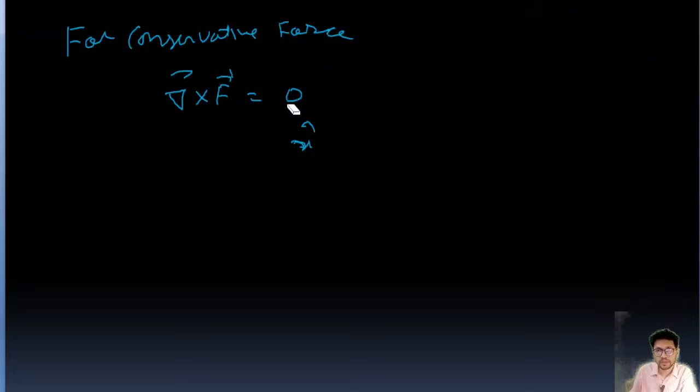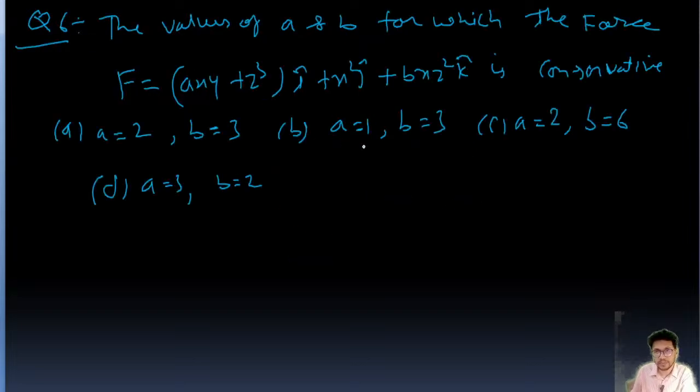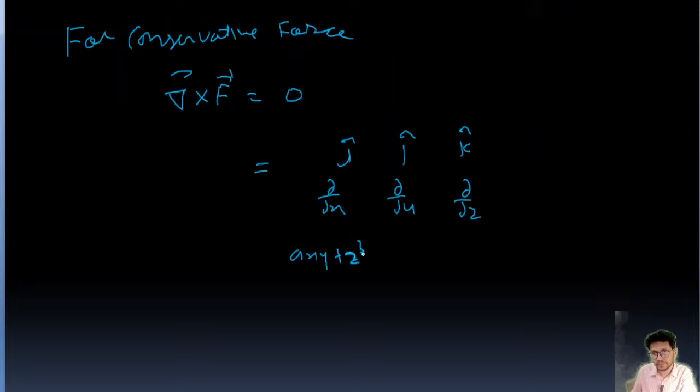So that is going to be equal to the determinant with I cap, j cap, k cap, and the values are del upon del x, del upon del y, del upon del z, and the values are axy plus z cube, x square, bxz square, because F is this, right?